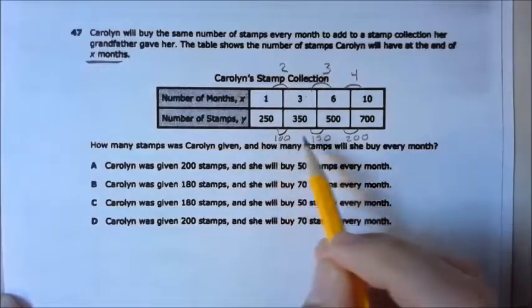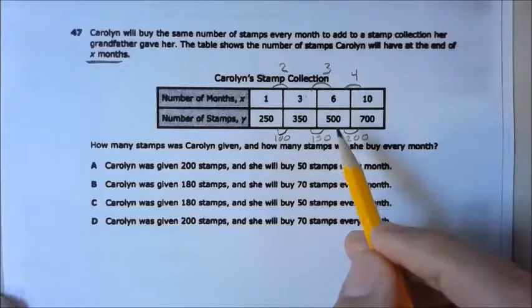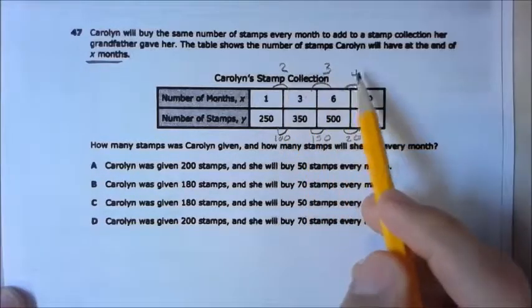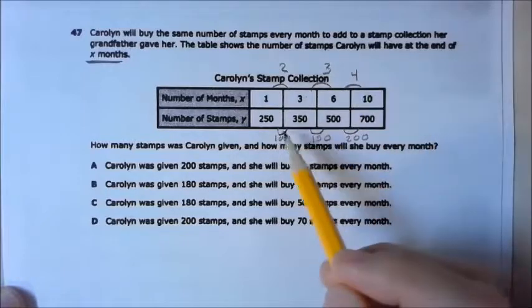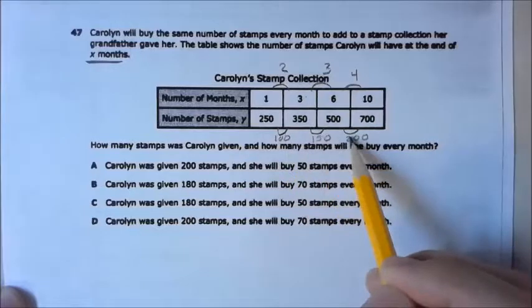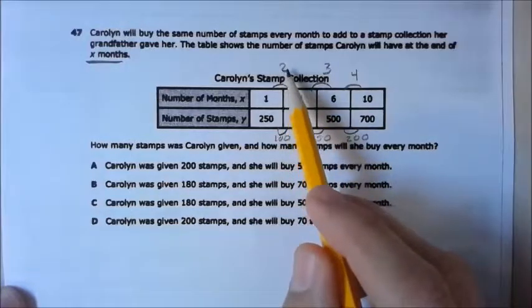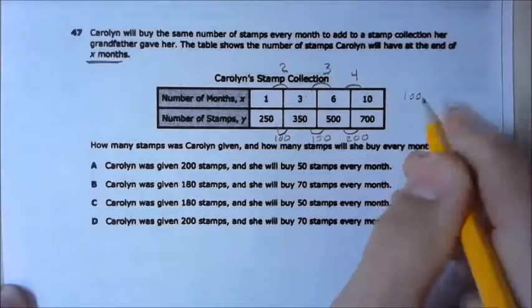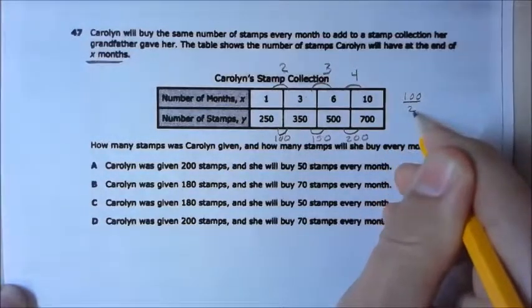Now, looking at this initially, you might be like, wow, this doesn't look constant. But it is constant. What it is, we're increasing our increments here on how many months pass by. And so here we're increasing the value of the number of stamps that we have. So looking at this, if in 2 months we had 100 stamps, well, let's try to simplify this. 2 months, we had 100 stamps.